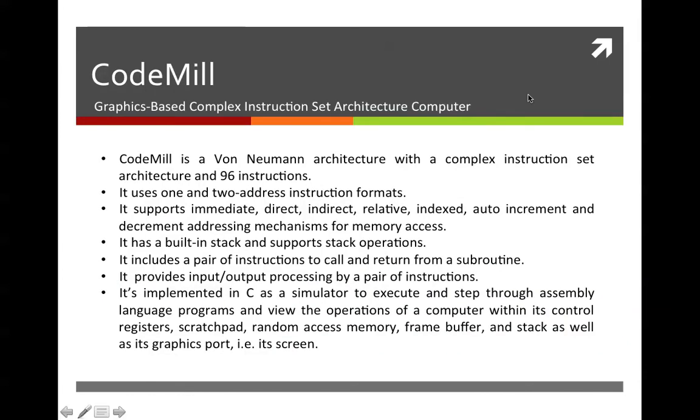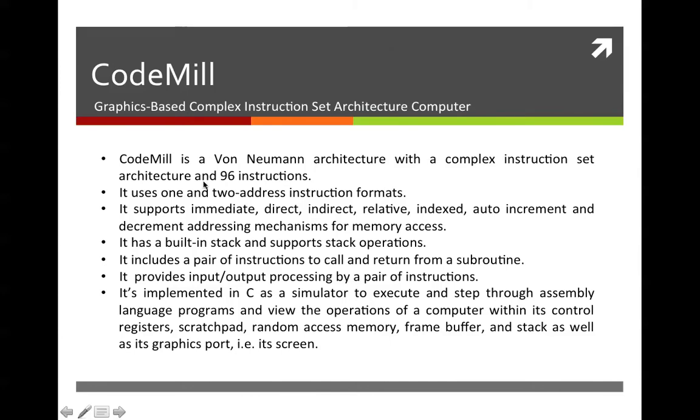Now let's go on to CodeMill. CodeMill is a graphics-based complex instruction set architecture computer. And it is really a von Neumann architecture still. It's a serial machine. But its instruction set is a lot larger and contains a lot more instructions than Vesp 1.0 and Vesp 2.0.